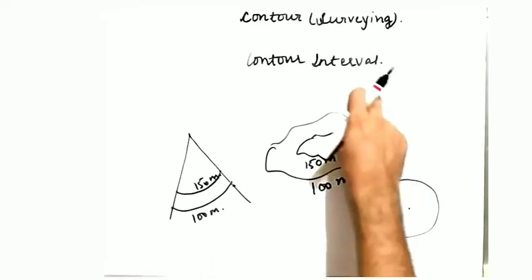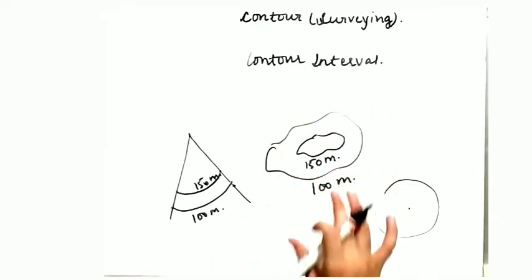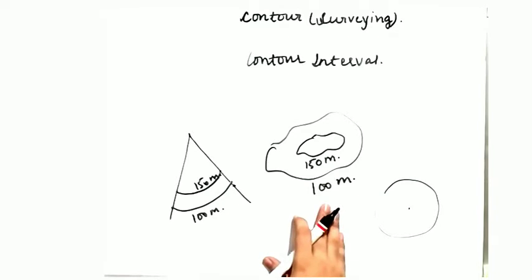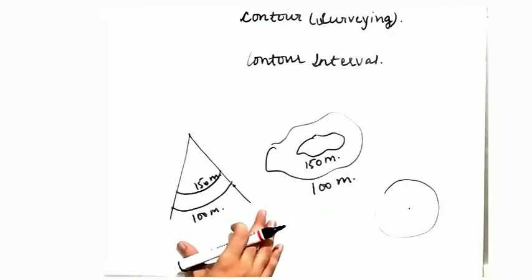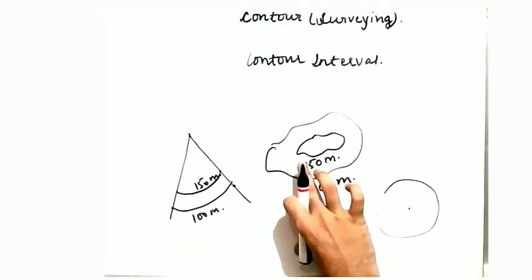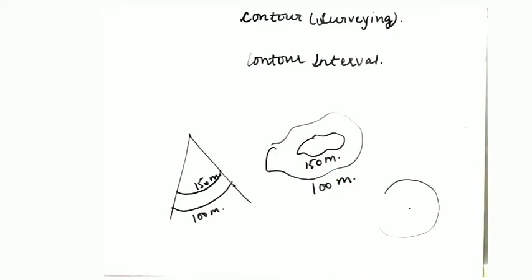When an inside contour is of higher elevation as compared to the outside contour, then it represents a hill. Similarly, if this would have been 50 meters instead of 150 meters, then it would have represented a lake. When you go inside a lake, the outer portions have higher elevation. When you go inside, the elevation gets lower and lower and lower. So this is representing a hill.